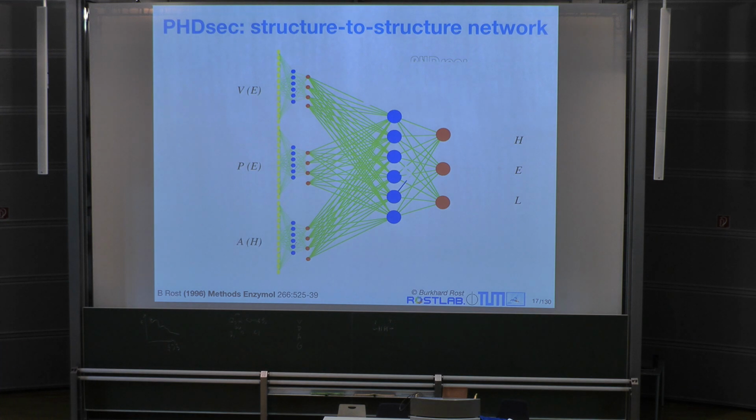20 amino acids, so we have a window of 13 consecutive residue positions. So you look at the degree to which I is influenced by I minus 1, minus 2, minus 3, so until minus 6 and plus 6, right? That is the input to this one here.